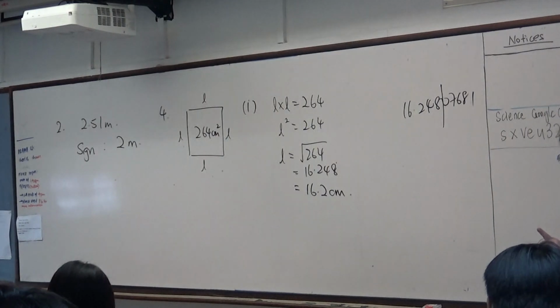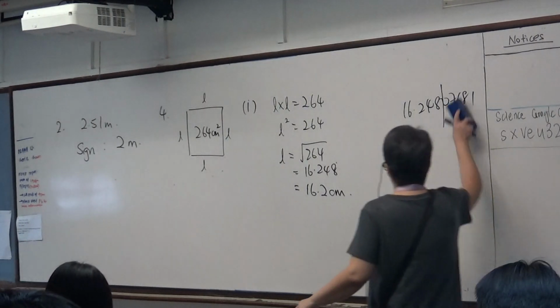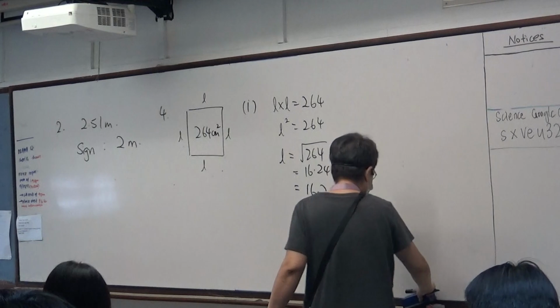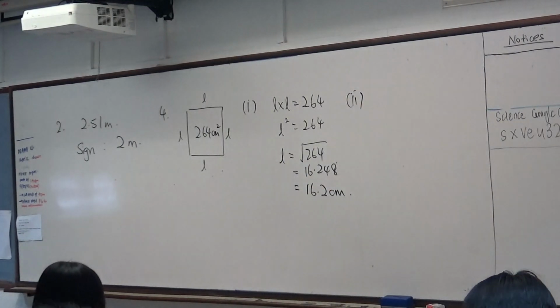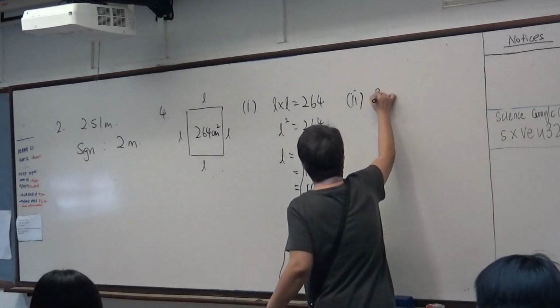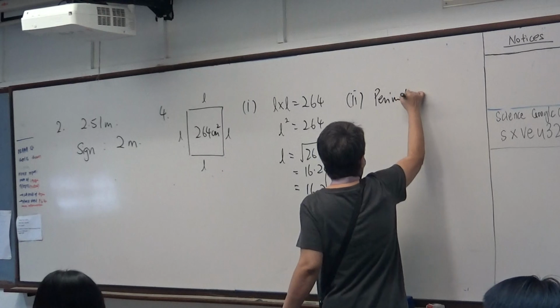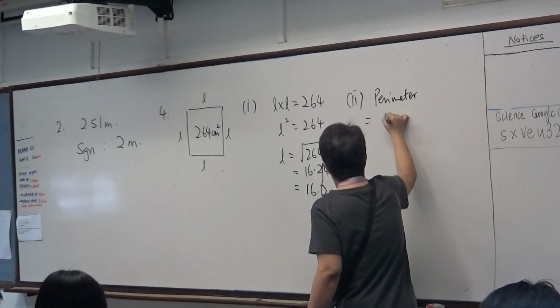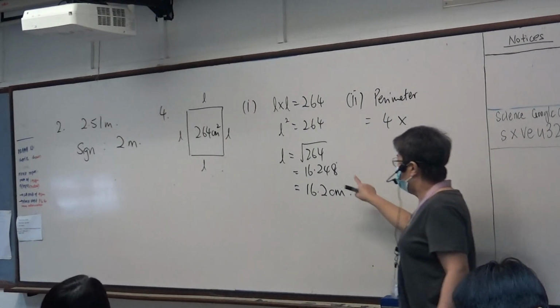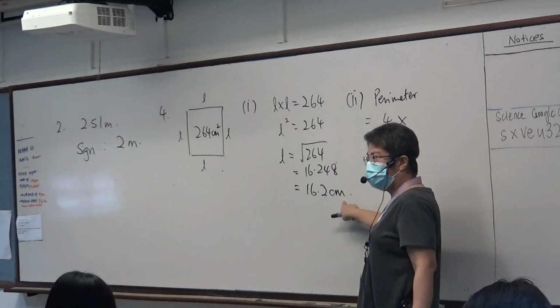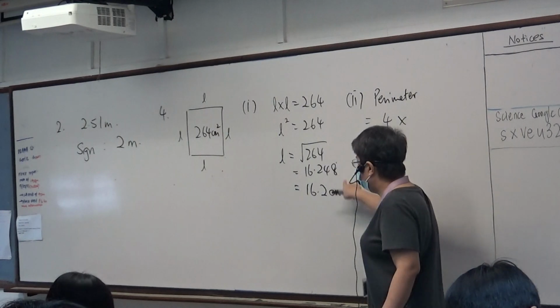Understand? Okay. Now, next, part 2. What did the question say? Find the perimeter. Okay. So, next. Perimeter must be 4 times the length, right? Do I take the top one or the bottom one?